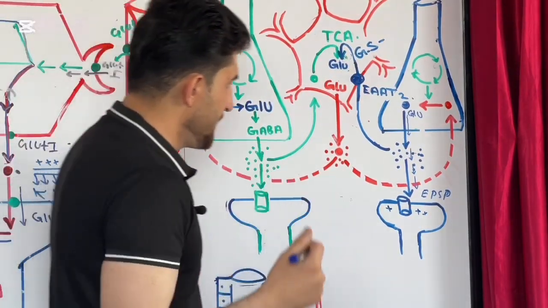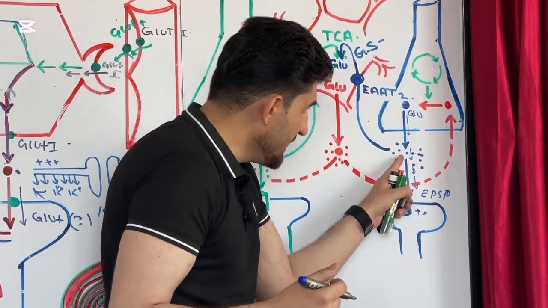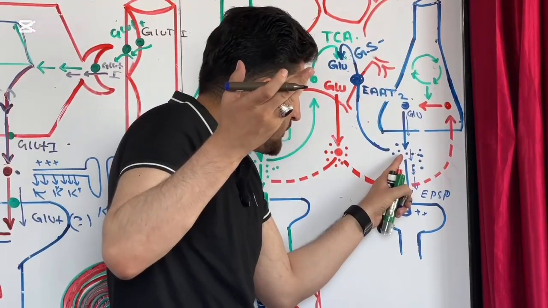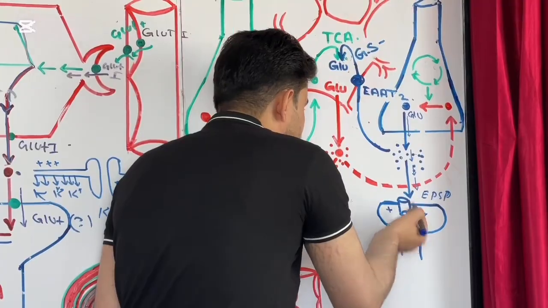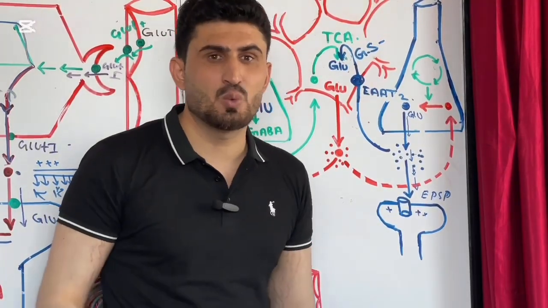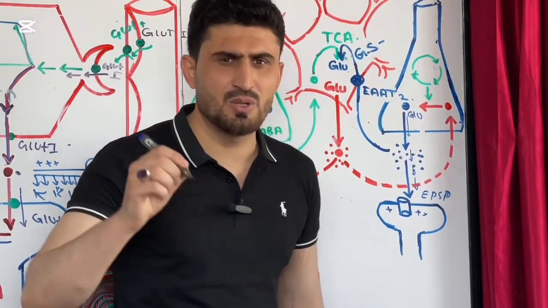Now, if this glutamate remains here for many hours or for a long time, it causes excitotoxicity. It will stimulate this postsynaptic neuron so much.